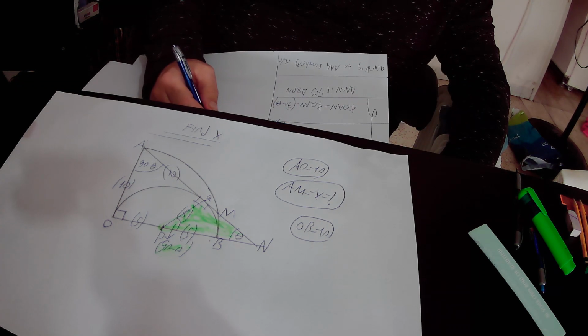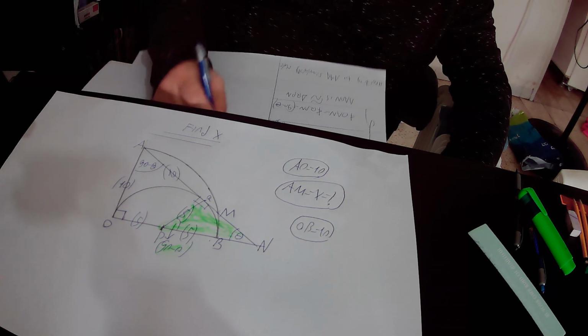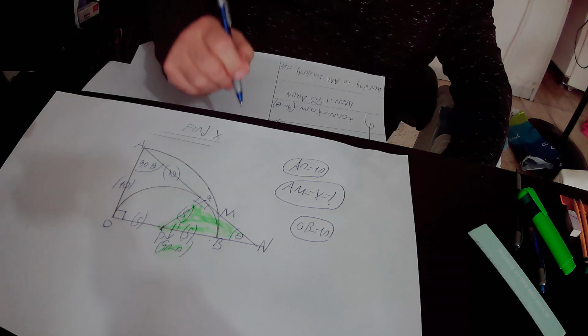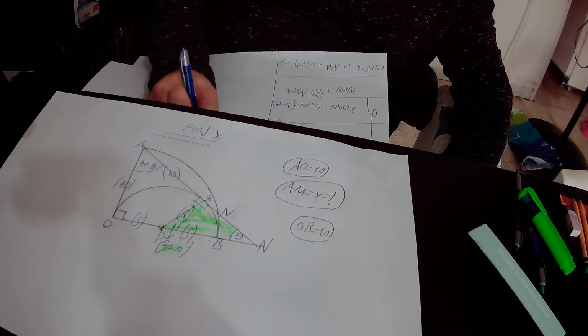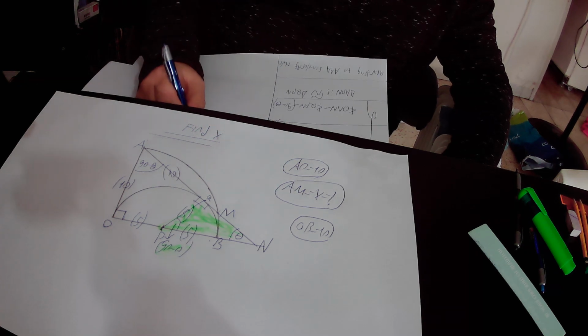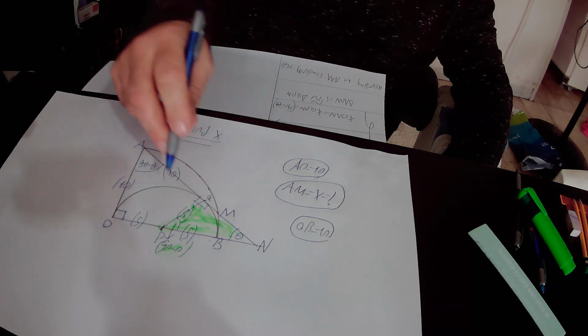We derive that side AO in the big right triangle AON over side QP in the green triangle equals side AN in the big right triangle AON over side NP in the green triangle.